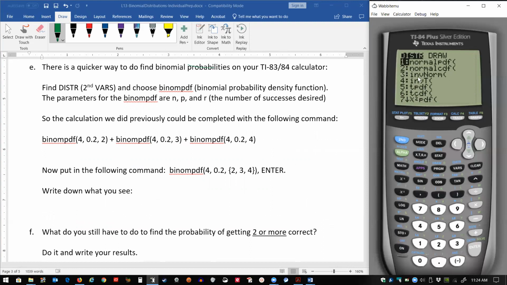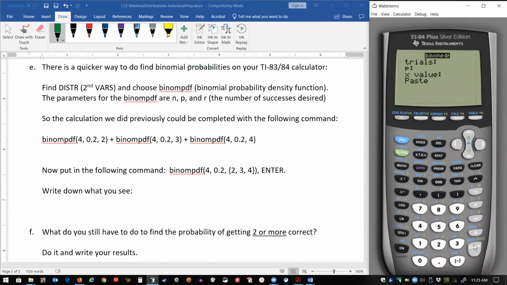We'll use several of these throughout the rest of the class, but we're going to hit the down arrow for now and go down to our binomial PDF. A binomial probability density function is what that stands for. And press enter. And this binomial PDF is going to require N, P, and R. The number of trials, the probability of success, and the number of successes that we are interested in.